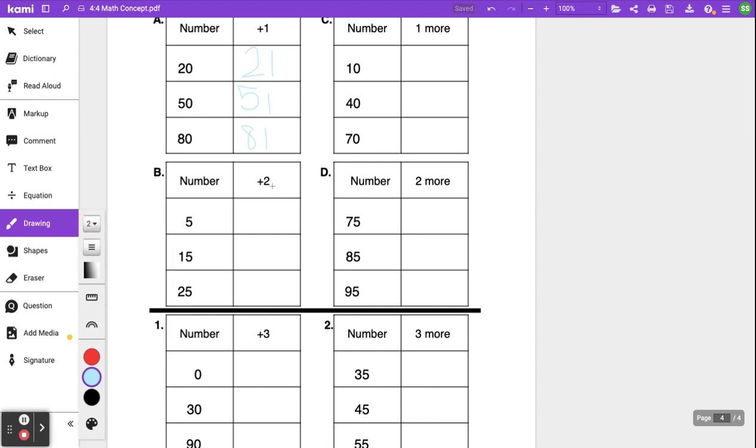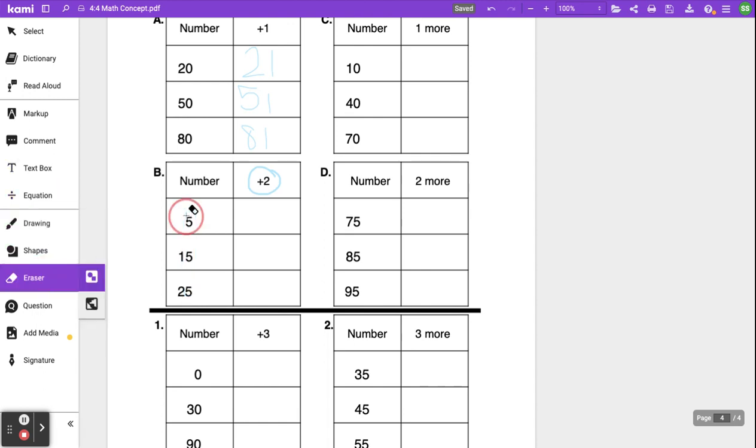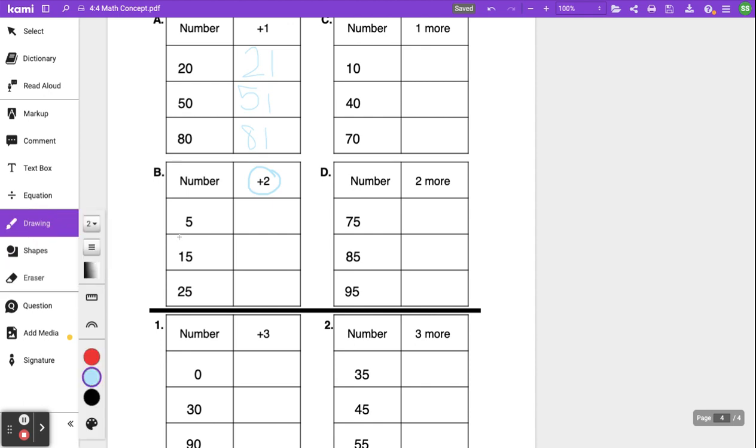Okay. The next pattern is a pattern of plus 2. Look over here. What do you notice in the ones place? Yes, we have 5 each time in the ones place. So I think we're going to find a pattern here. 5 plus 2.